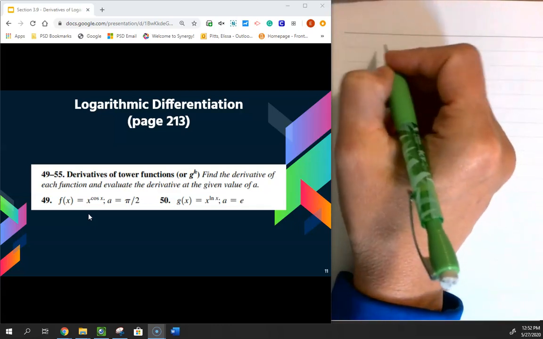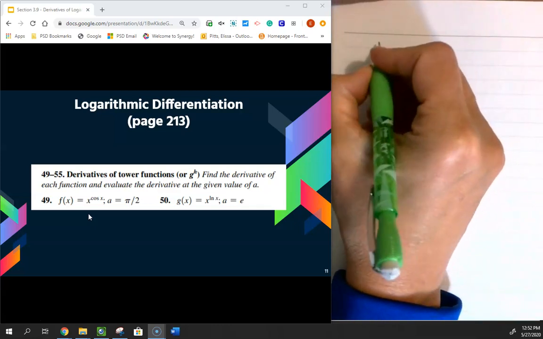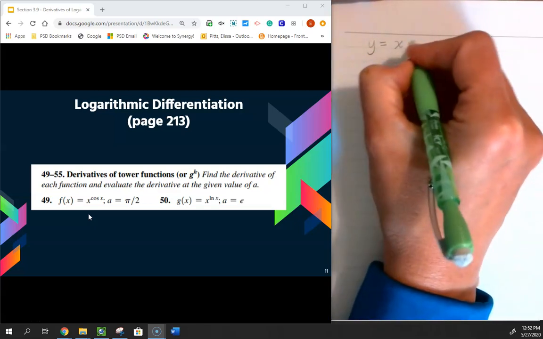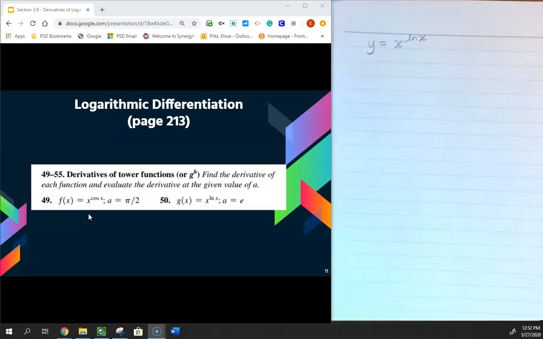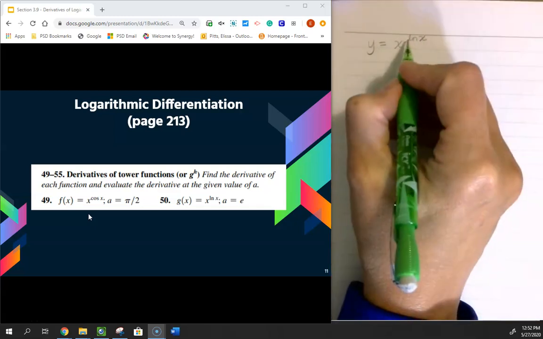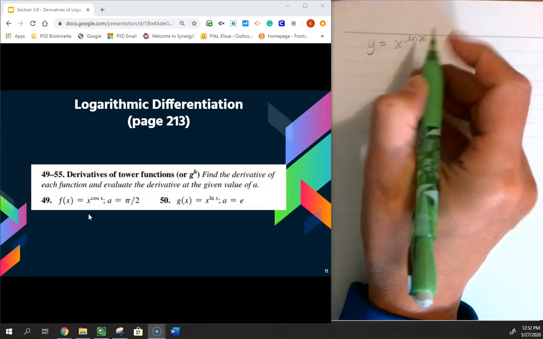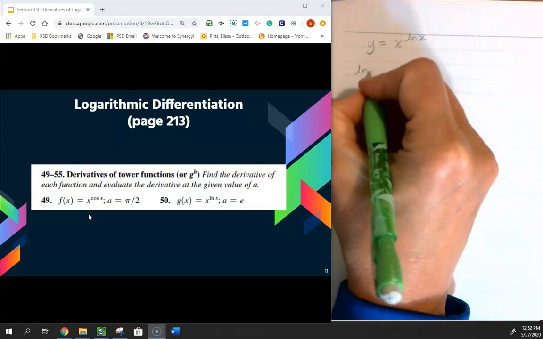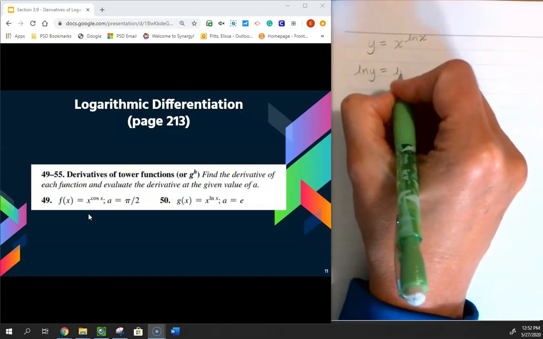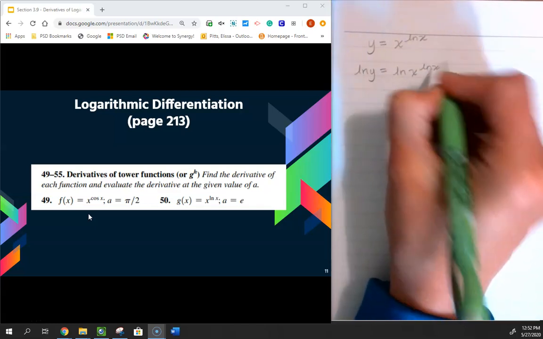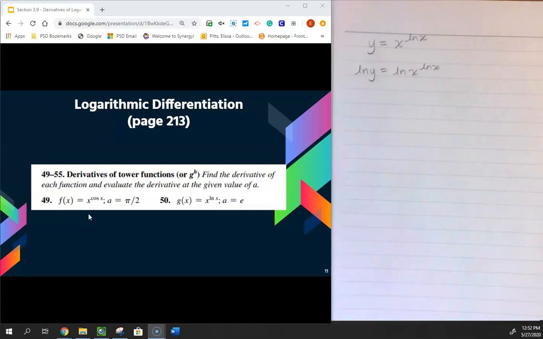Again, I'm going to do number 50. And instead of calling that g of x, I'm going to say that's y equals x to the natural log of x. And a way of getting an x out of the power is to take the log of both sides. And we know about natural logs, so we're going to take the natural log of both sides.